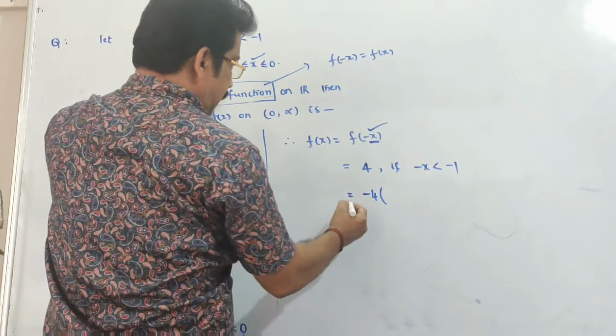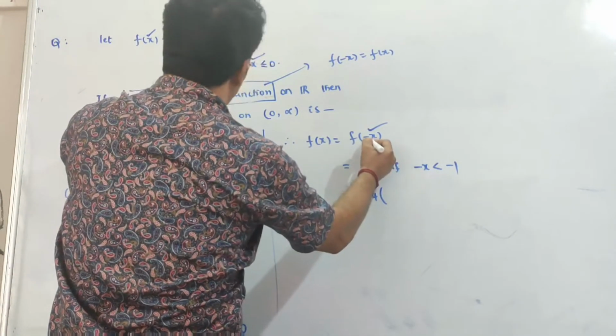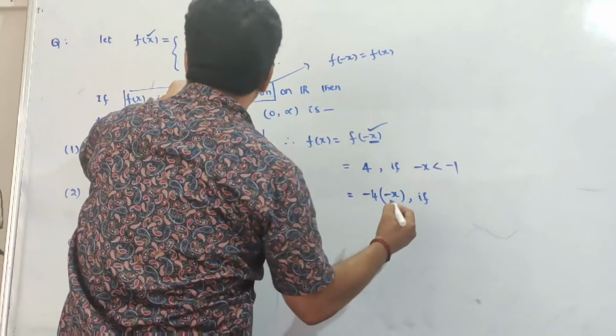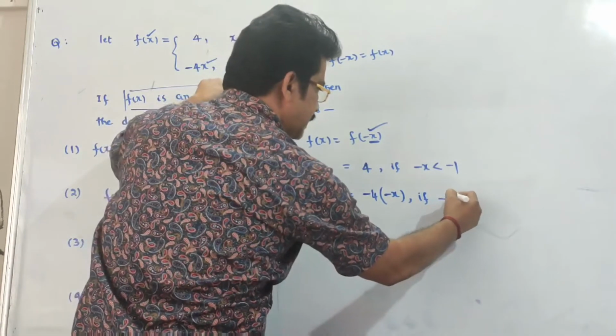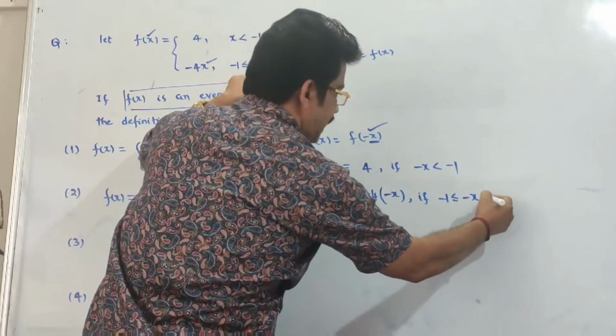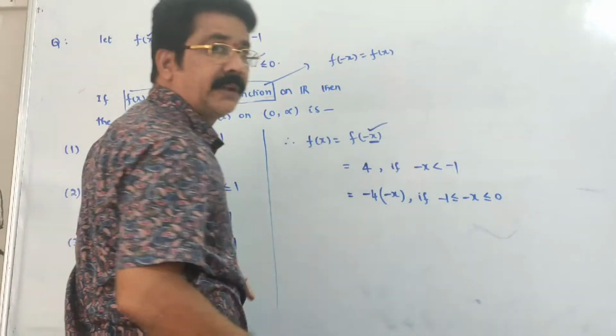Observe like that. So f(-x) means this is -x, if -1 ≤ -x ≤ 0.